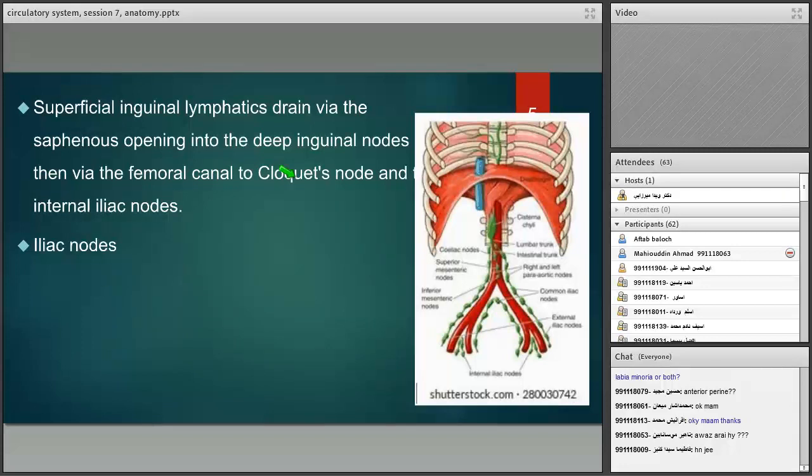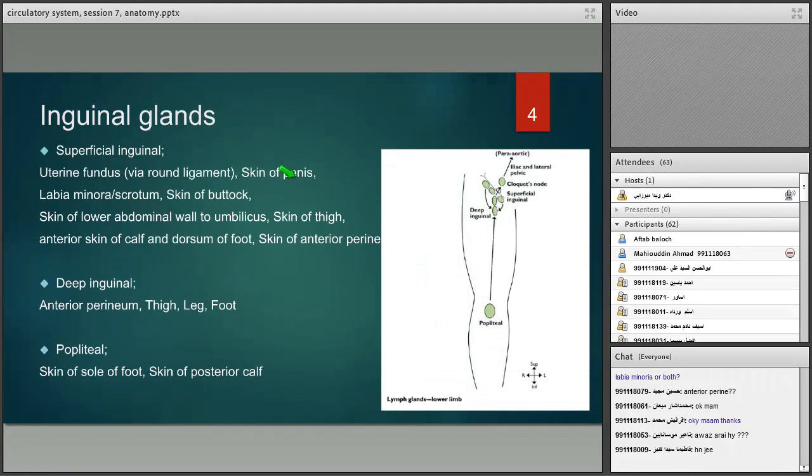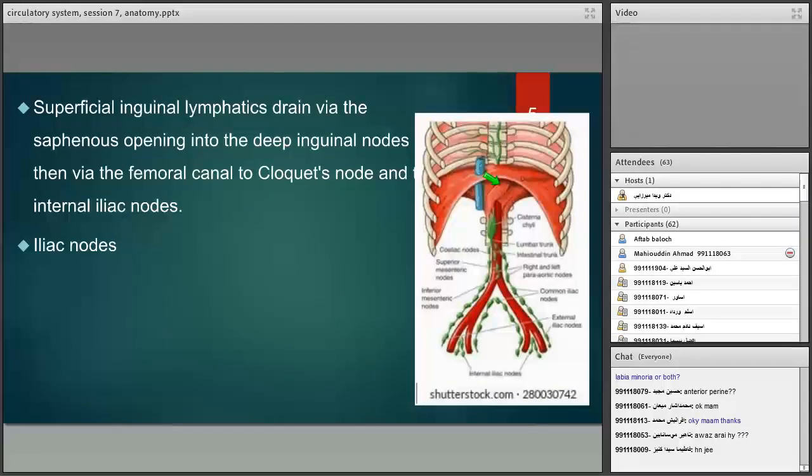Cloquet's node. Let me show you. Look at here. Cloquet's node. Here in the femoral canal, we have a lymph node which is receiving the lymph from the deep inguinal node.